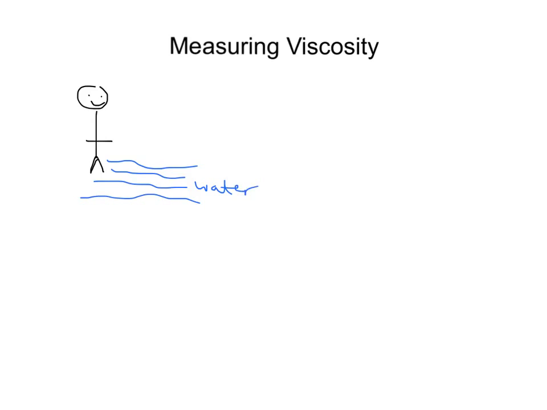Hello everyone, in this video I'm going to be talking through how to measure viscosity and what we actually mean by that term. Now the easiest way to think of this particular scientific term is if we imagine that we've got a person there and they've been asked to run through some water. If you ask them to run through some water, they'll find that fairly easy, really straightforward to do.